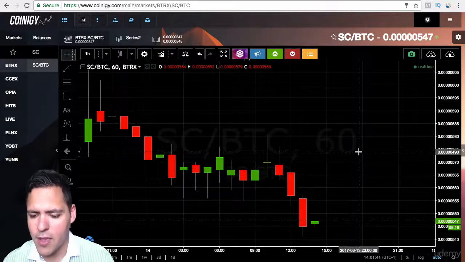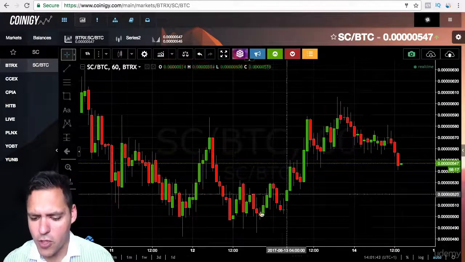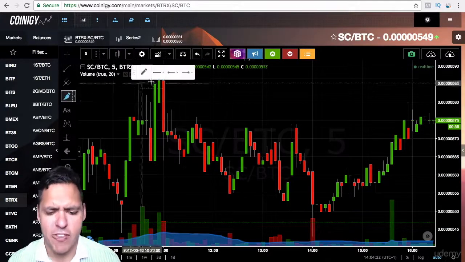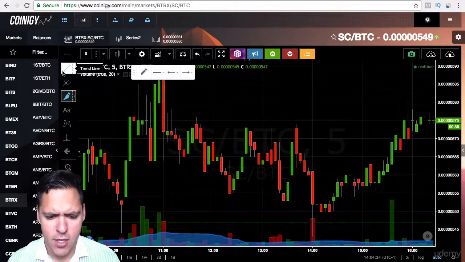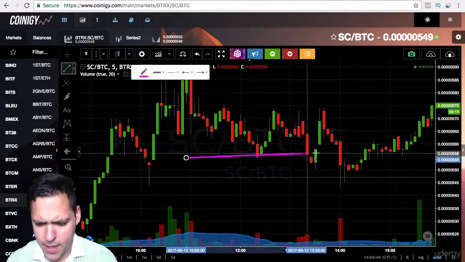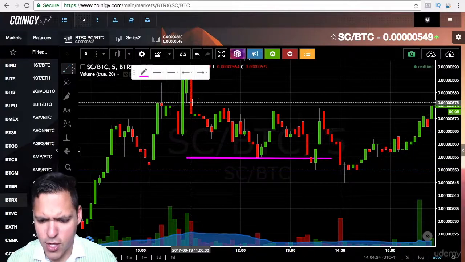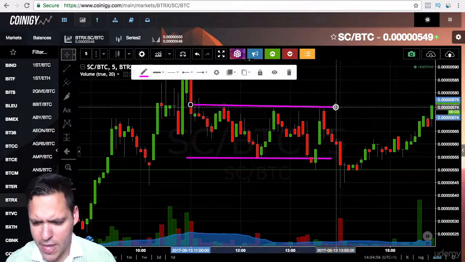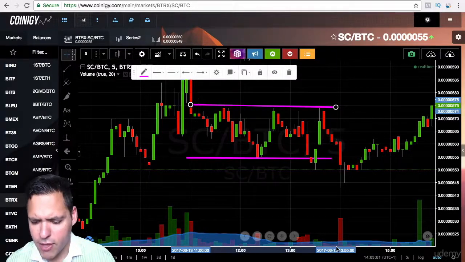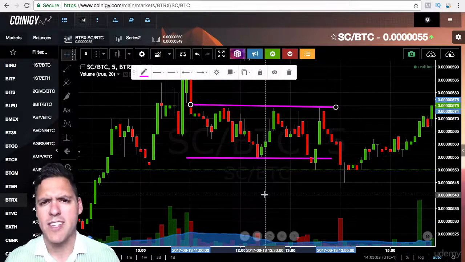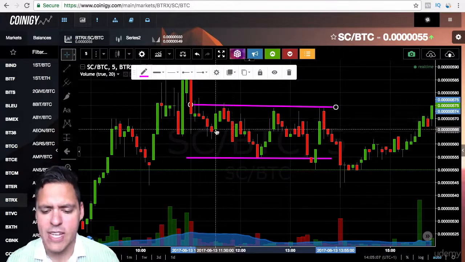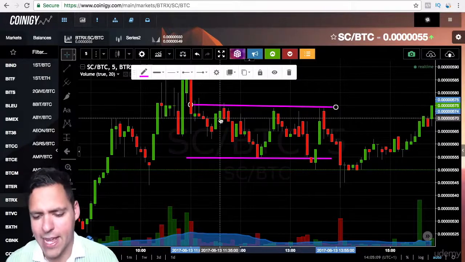All right. So if we move over to the 1 day look, let's have a look at buyer support and seller resistance. If we draw a trend line here and then draw a resistance line from here to here, you can see that for a period of 1, 2, 3, 4 hours, there was a tussle between selling activity, which are the red candlesticks, and buying activity, which are the green candlesticks.